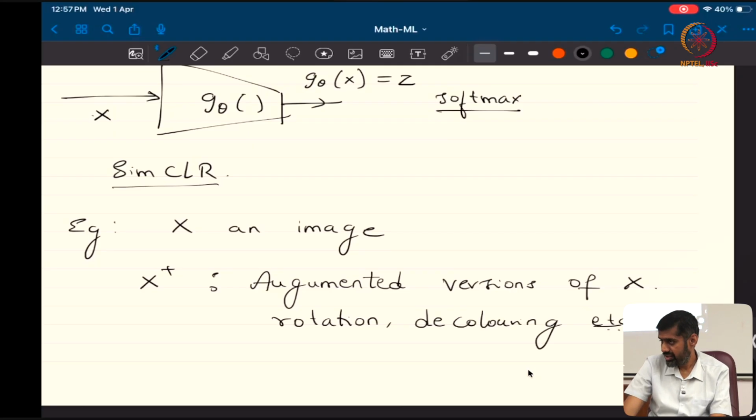Given an image, rotate the image, so that becomes a positive sample, or you flip the axis, or you take out the color of the image, just use one of the channels and so on. These become positive examples.